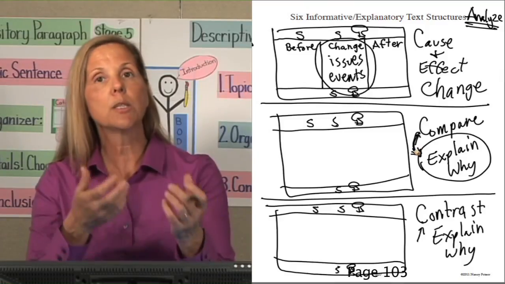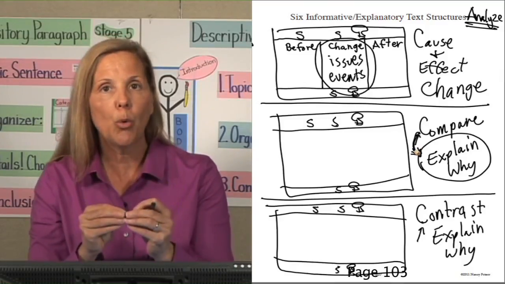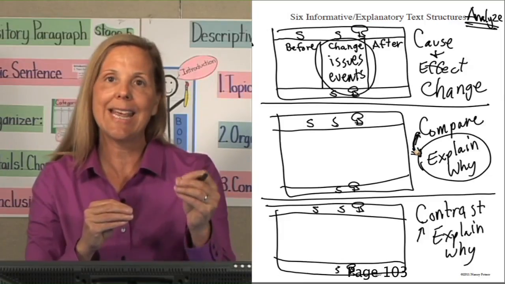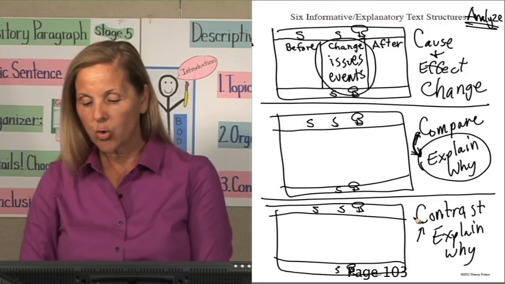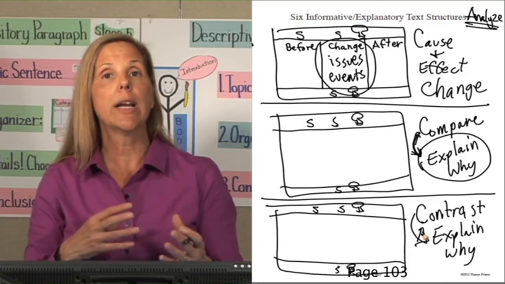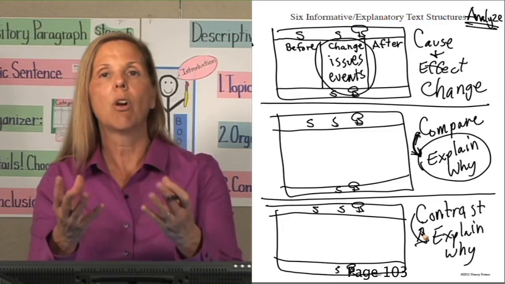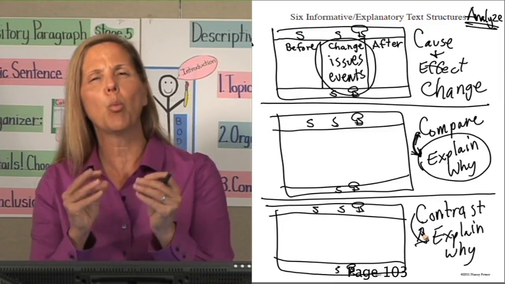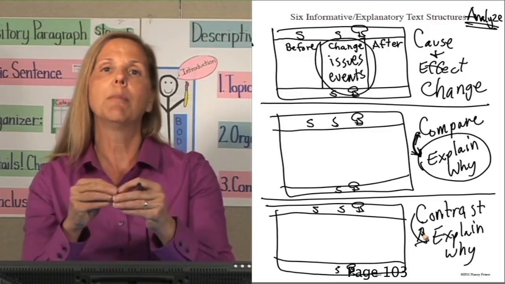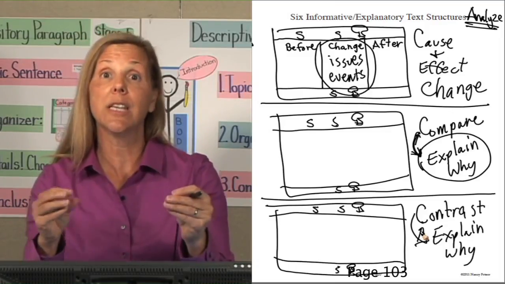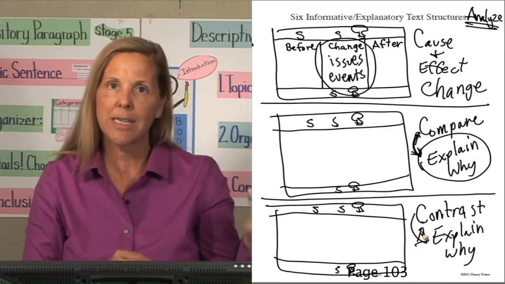They have differences, but their similarities explain why both were rewarded at the end of the story. Well, when I contrast, maybe I'm contrasting information I learned in science about frogs and toads. Frogs and toads have similarities, but what's my purpose here? I'm going to contrast. Why? I'm going to show that they have differences, which explains why they live in different habitats.